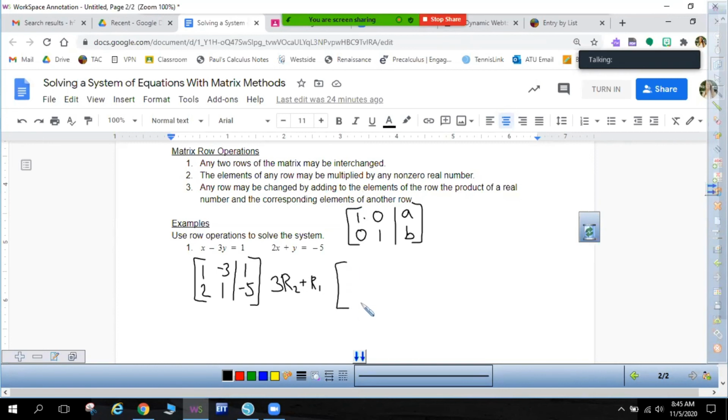Okay, here's what that is going to look like. This first term, it's not going to be 1 anymore. It's going to be 3 times row 2, and the element that's in row 2 in the first spot is 2. So 3 times the number in row 2, which is 2, plus the number in row 1, which is 1.